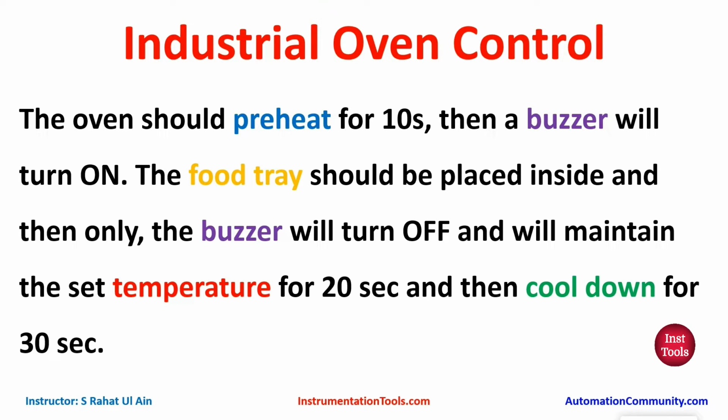So for cooling down, I will also use pulse timer and the preset value will be 30 seconds so that the process of cooling down the food will be 30 seconds. So moreover, we will also be using some memory bits. So let's move to EcoStruxure Machine Expert where we will draw a ladder diagram for industrial oven control.